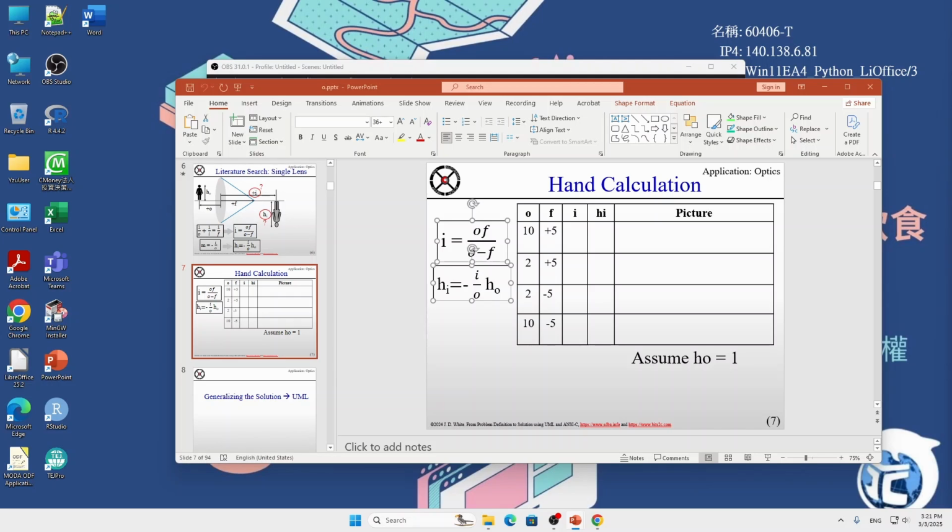Okay, and then after I know that, my next step could be another action. Once I've calculated I, I could then calculate H out. H image equals minus I divided by O times that big H that I have at the very beginning, which was the H of the object.